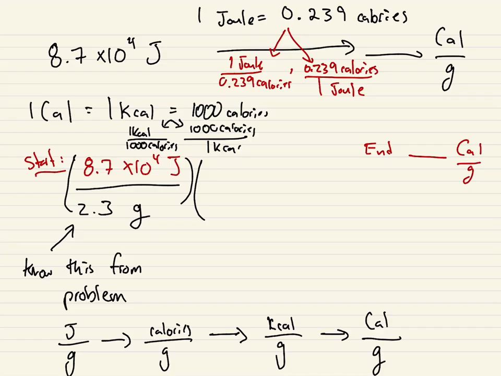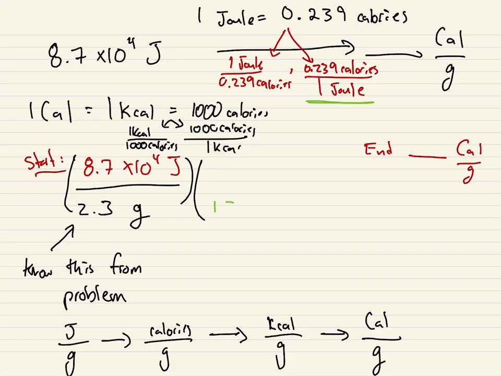So again, similar to what we did before, except now we're just changing the units of the numerator here. What conversion factor are we going to use here? The left or the right when we're going from joules to lowercase calories? We should use the right. And why are we going to use the right?